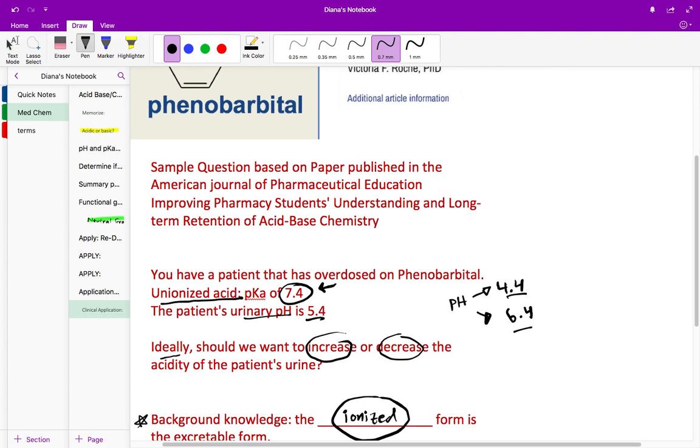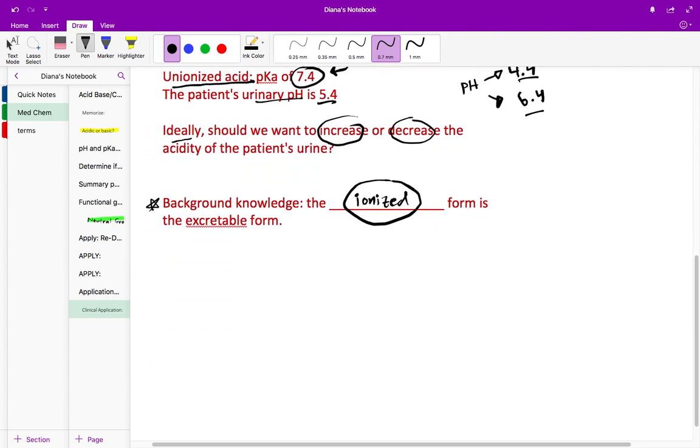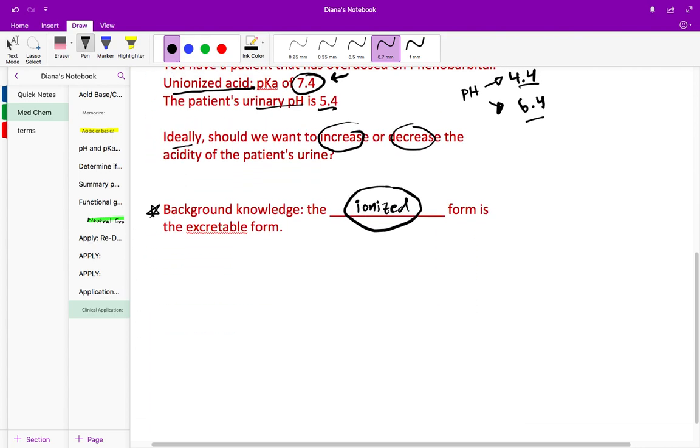So what you could do is you could look at this conceptually, or you can do the Henderson-Hasselbalch equation a couple of times. So the way I chose to solve this is I first started with the Henderson-Hasselbalch equation for the pH of 4.4, and then the original pH given, which is the pH of 5.4.